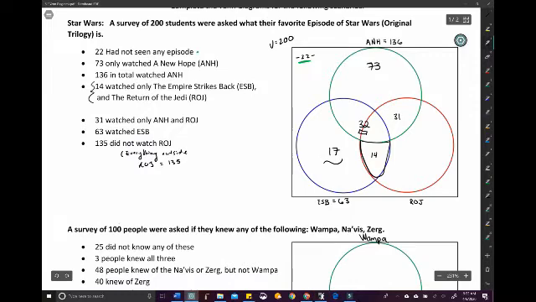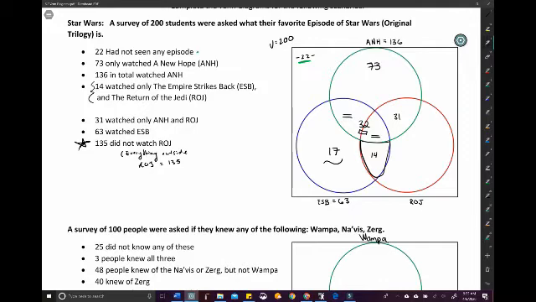Then we have that piece there. So we still have a few things. We don't know exactly what this number is, but we're starting to fill everything together. The next piece. We didn't quite do anything with this 135 to not watch Return of the Jedi.